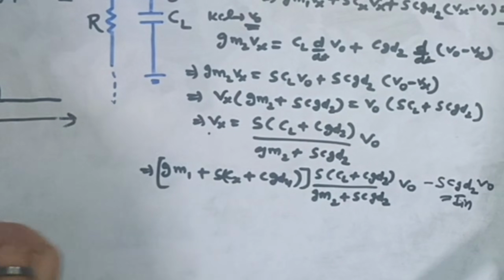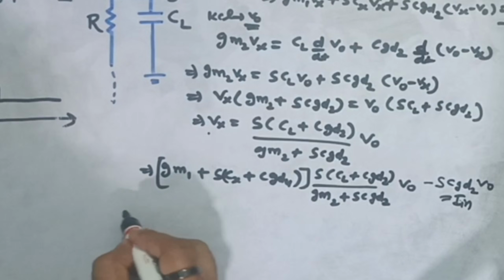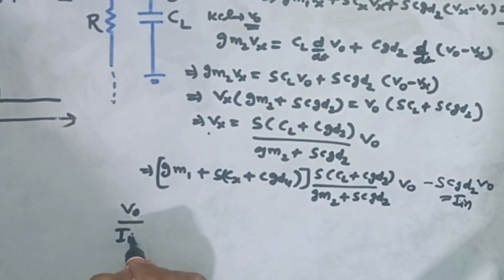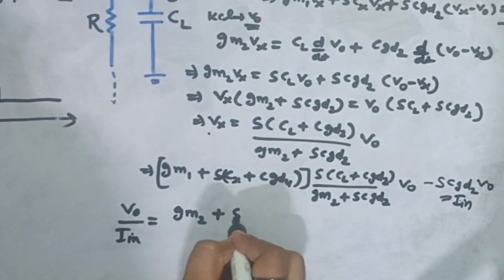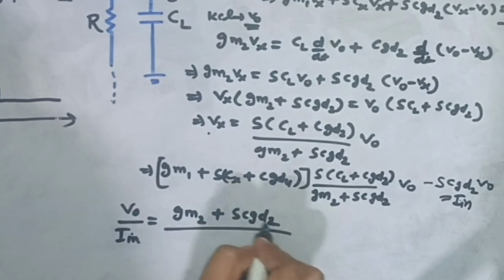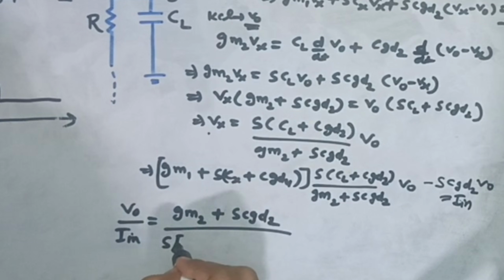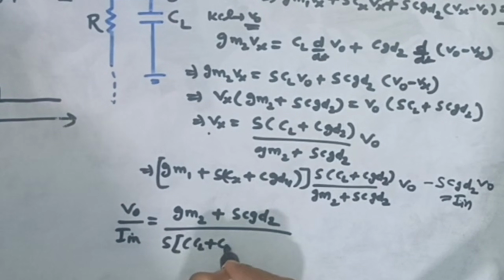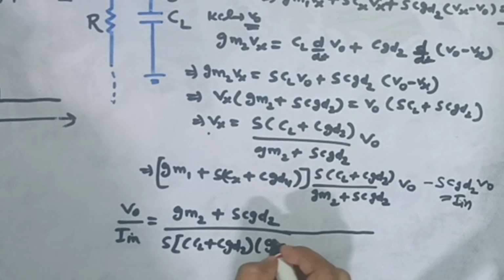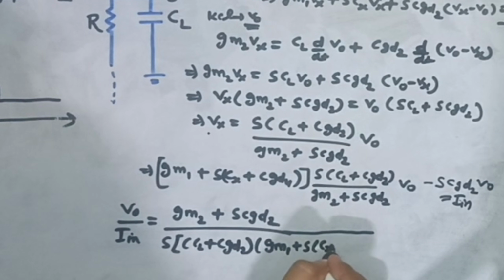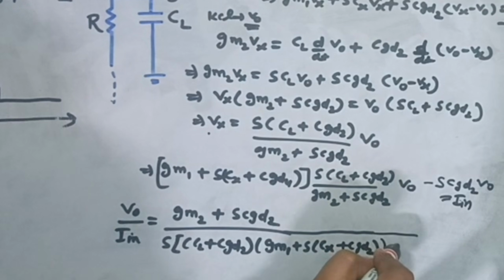If I solve this further, if I arrange it further, I will get V naught upon I in equal to (gm2 plus s into CGD2) divided by [s into (CL plus CGD2)] into [gm1 plus s into (Cx plus CGD2)] minus CGD2.